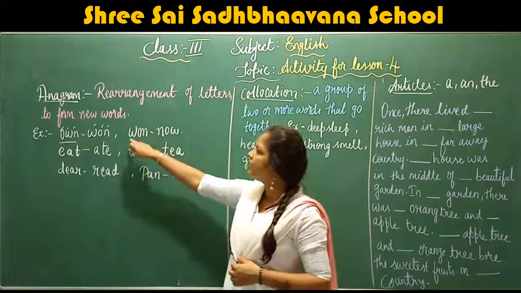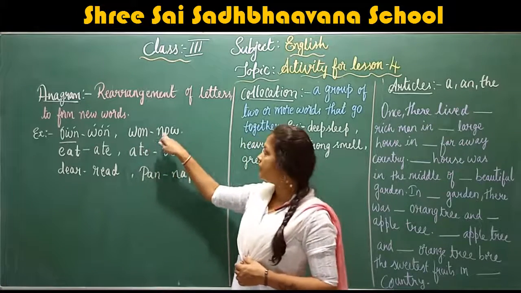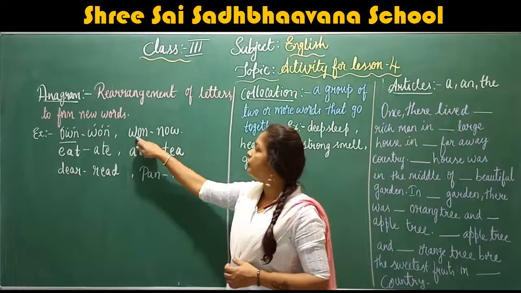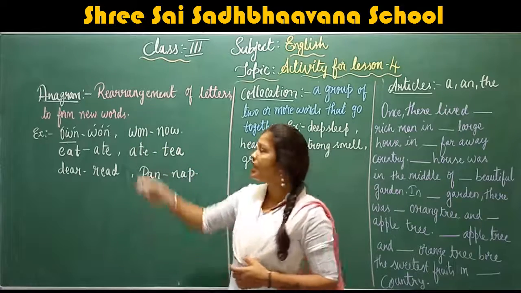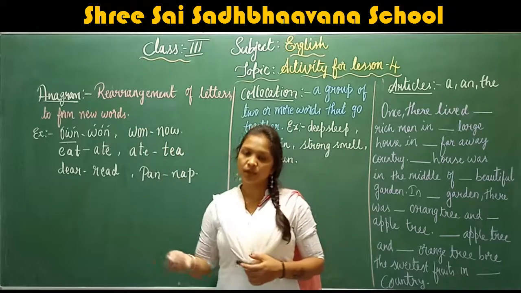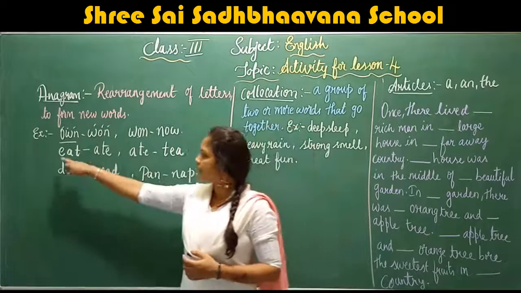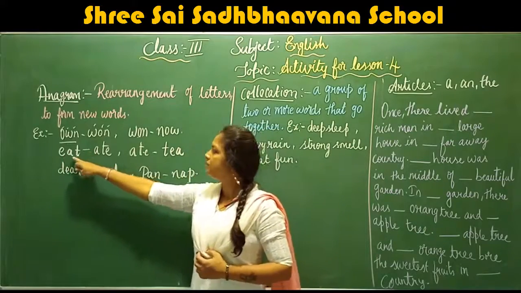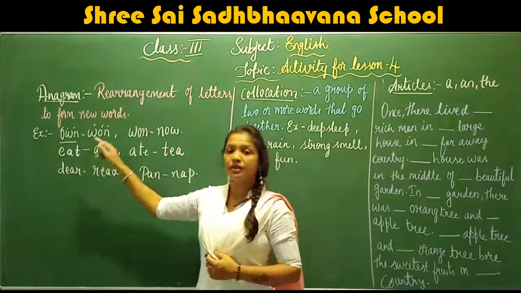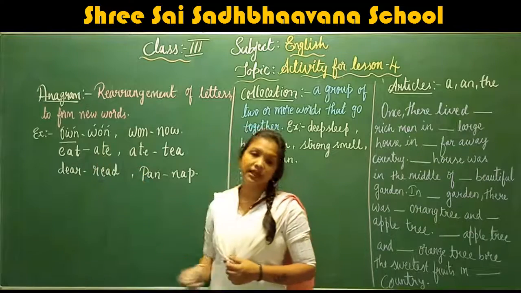So here one more example, W-O-N, won, and N-O-W, now. Now next example, E-A-T, eat, and using these three letters, we can form a new word, that is A-T-E, ate.